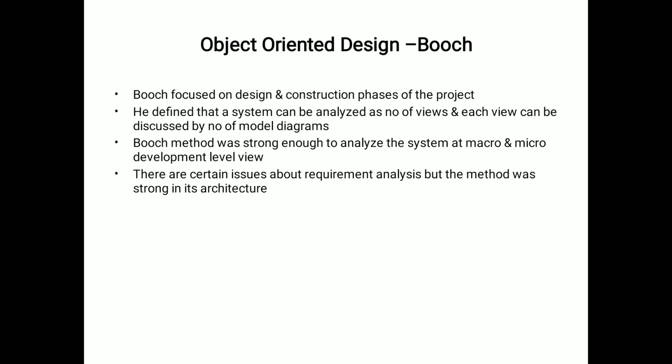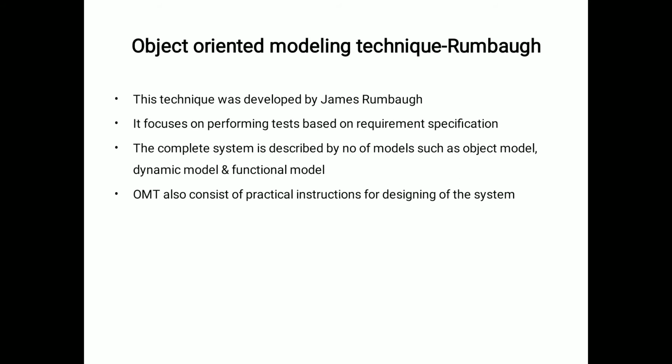Next is your Rumbaugh technique. Now this Rumbaugh technique was developed by James Rumbaugh and it gives focus on performing tests based on requirement specification. The complete system is described by a number of models such as object model, dynamic model and functional model.